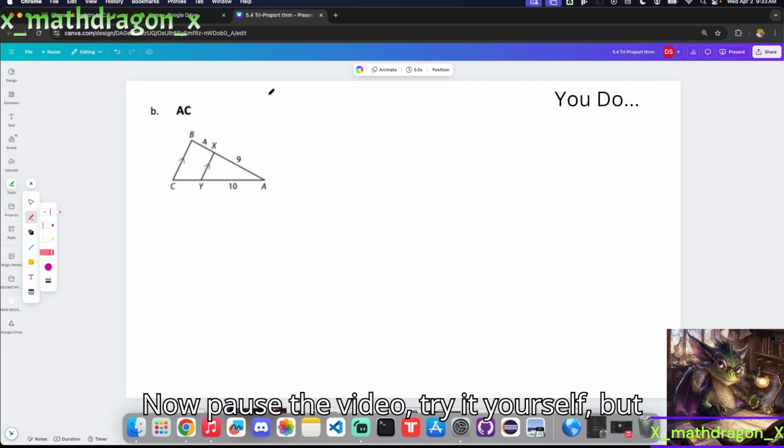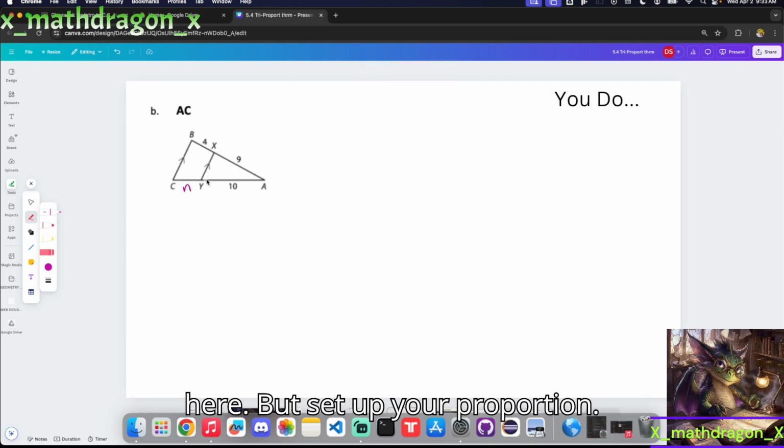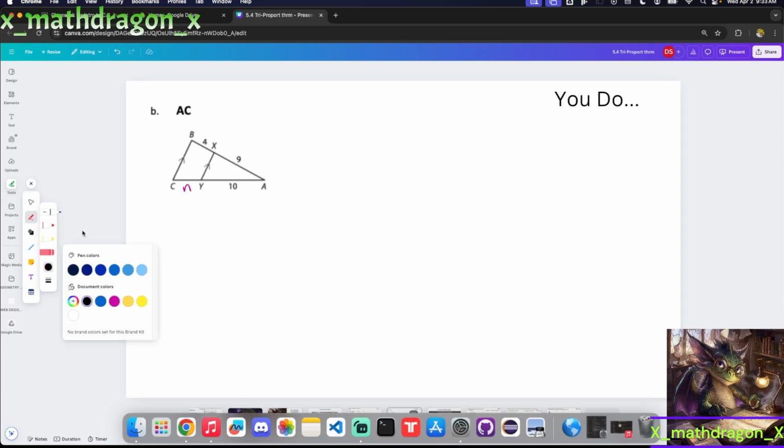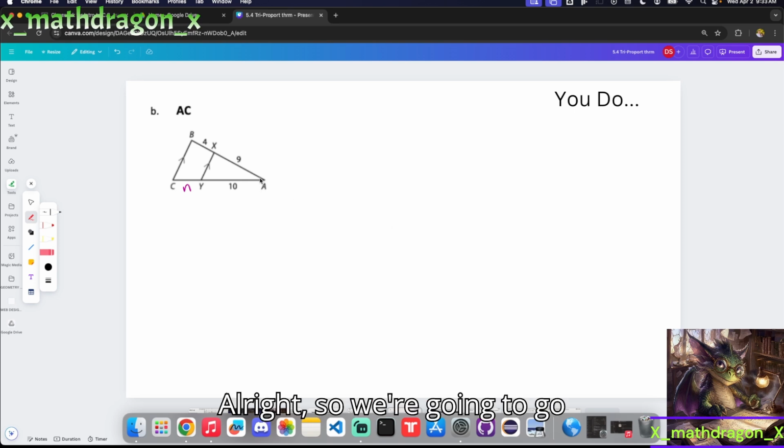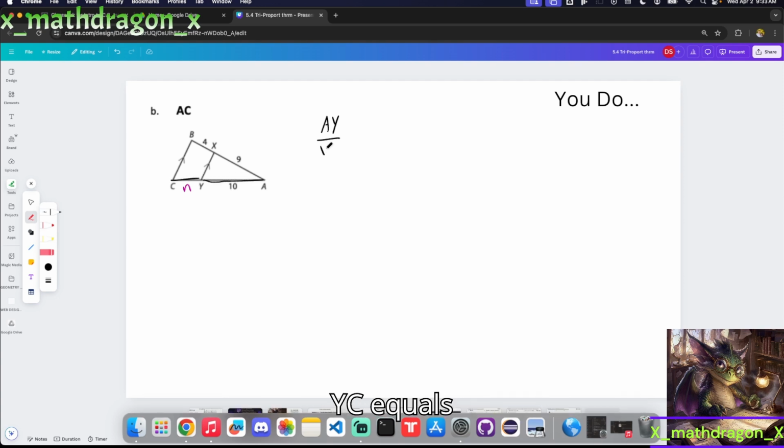Now, pause the video, try it yourself, but this is the value we're looking for right here. But set up your proportion. All right, so we're going to go AY. So start with the first piece right here, and then do the second piece, YC, equals AX over XB.